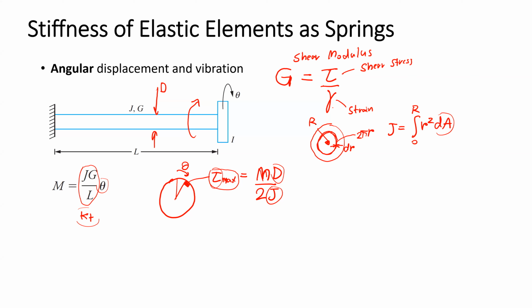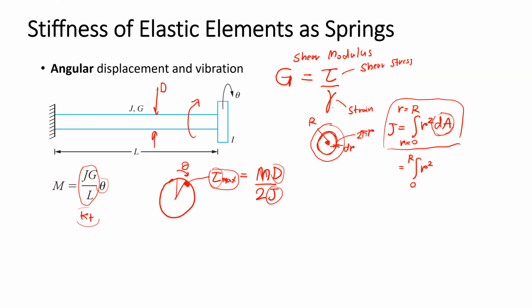For a circle, the second moment of area is the integral from r equal to 0 to the radius of r squared dA.